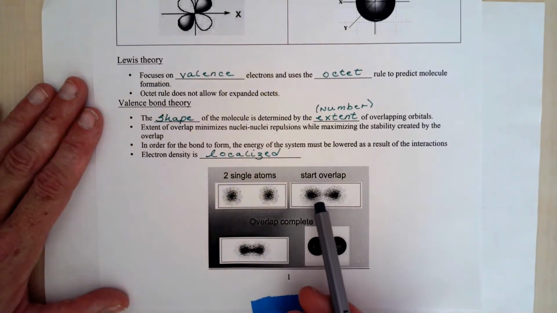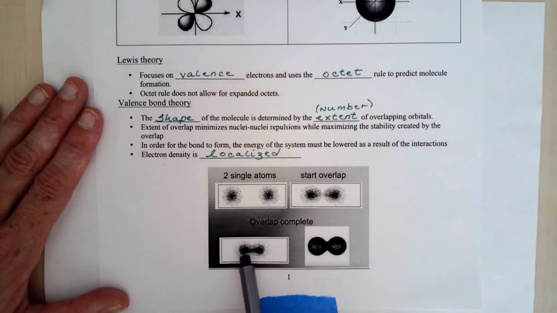As these two s orbitals begin to overlap, we see a darkening of the area where the bond would be located. That darker area represents a higher probability of finding the two electrons in that area, and that also represents the bond. So we know that the electron density is localized in that general area where we would expect to see the bond.